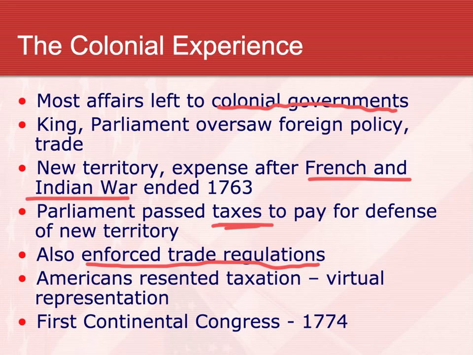Then they had to go to an English port in England where they would pay a tax, and then they could go to the colonies. Now, not only is this a longer and slower process, but it makes them more expensive, because it's longer and slower, and you have to pay taxes in England. And Americans really didn't like this. They were really unhappy here.